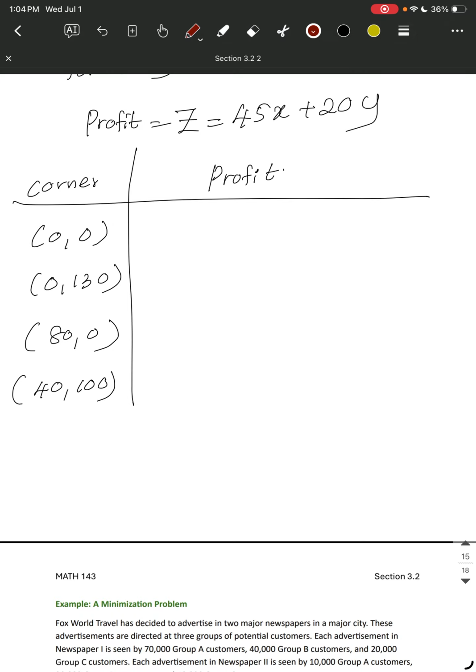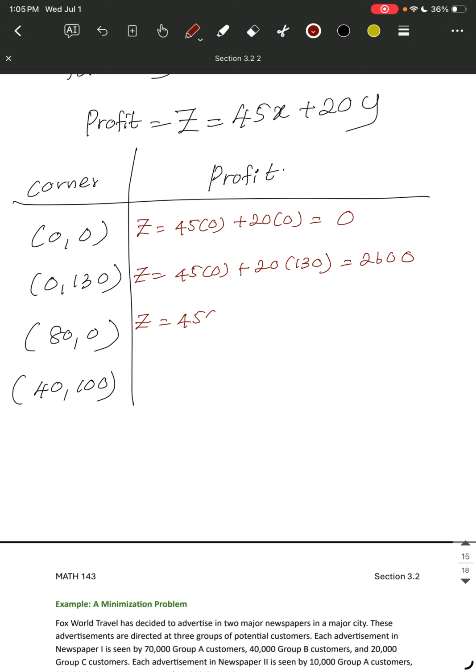Let's evaluate the profit. When x equals 0 and y equals 0, the profit equals 0. When x equals 0 and y equals 130, the profit is 2600. When x equals 80 and y equals 0, the profit is 3600.